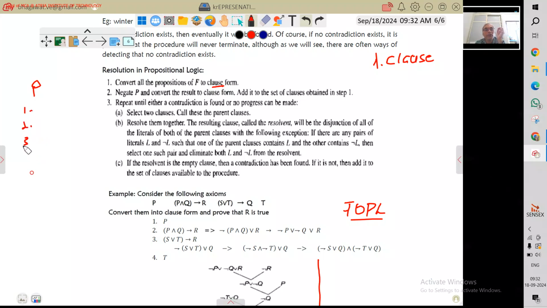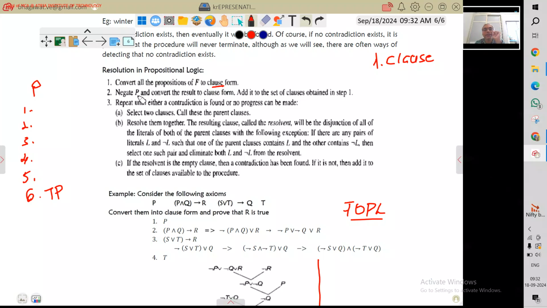You convert all these 5 facts into clause form, which is your first step. Then, to prove P, you negate P, convert it to clause form, and add it into the database or the knowledge base. Then we start our process.